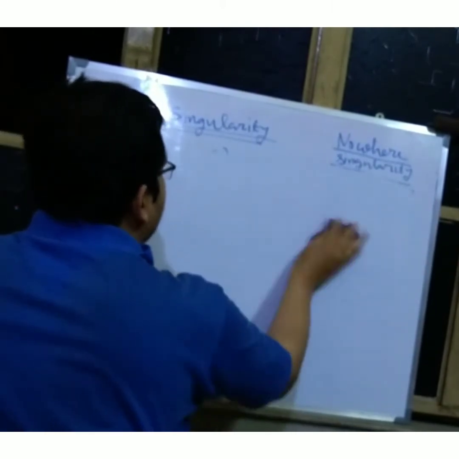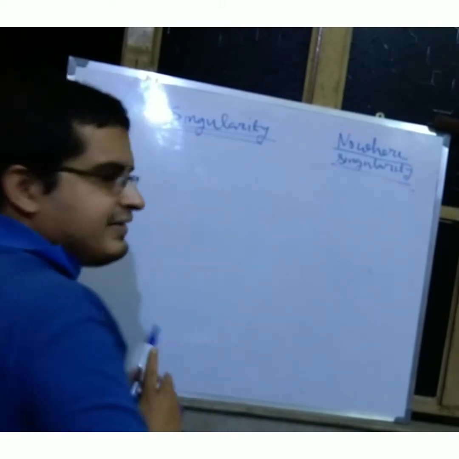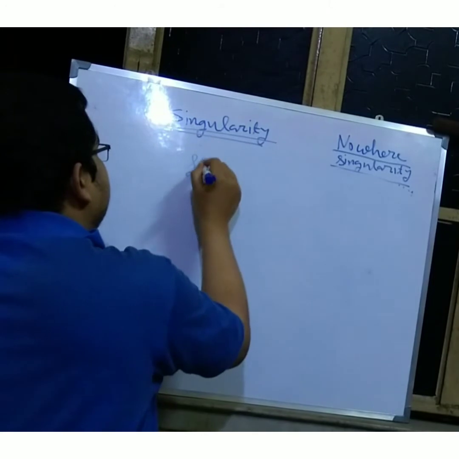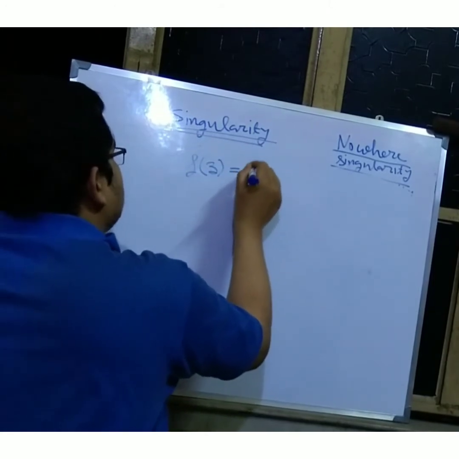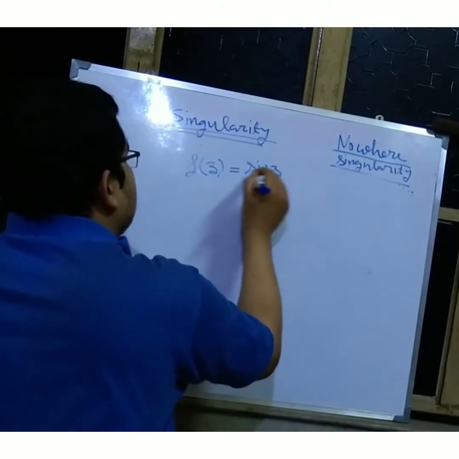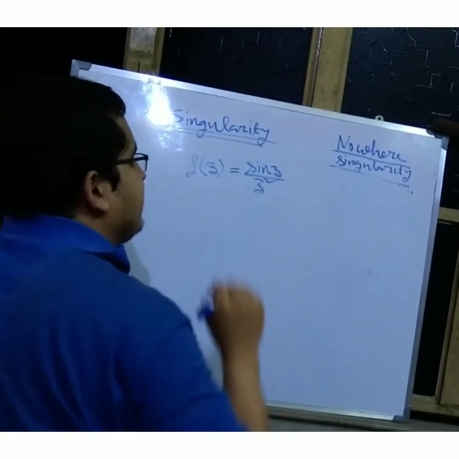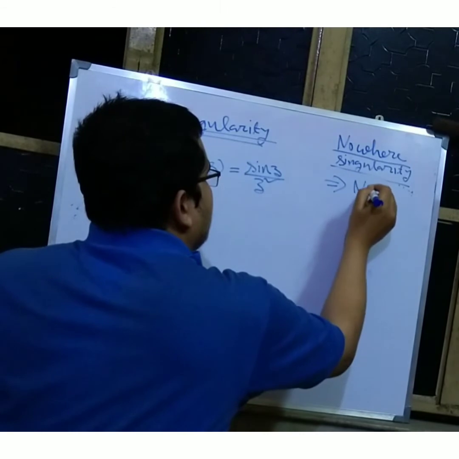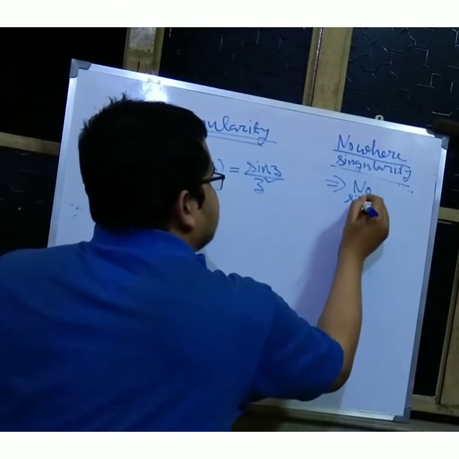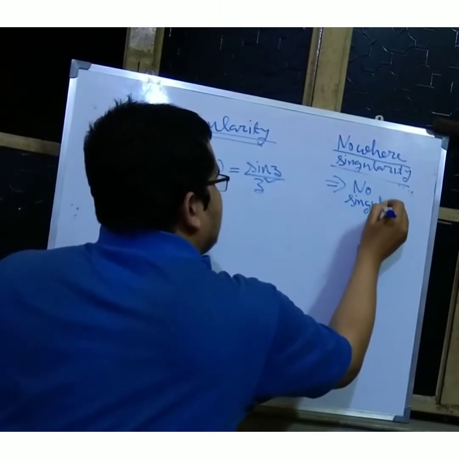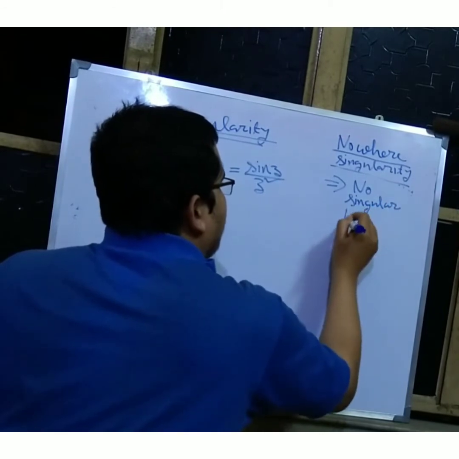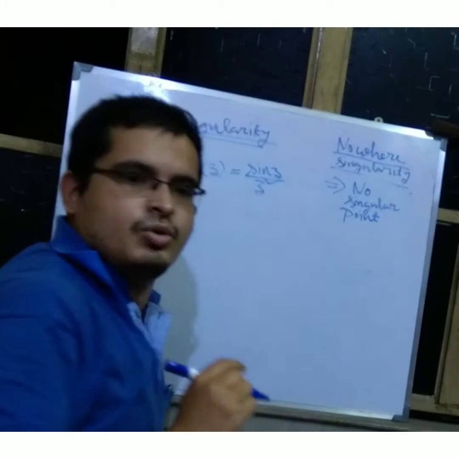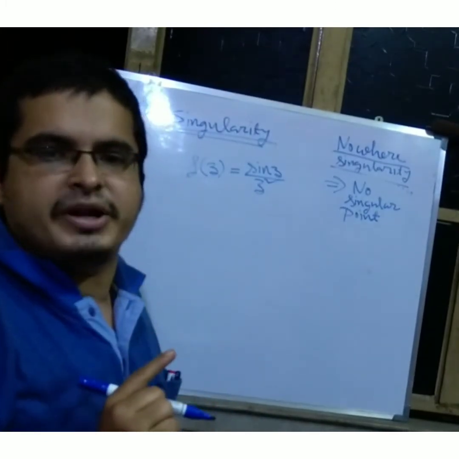So friends, when do I get a singular point? Let f(z) equal sin z by z squared. And nowhere singularity means no singular point.